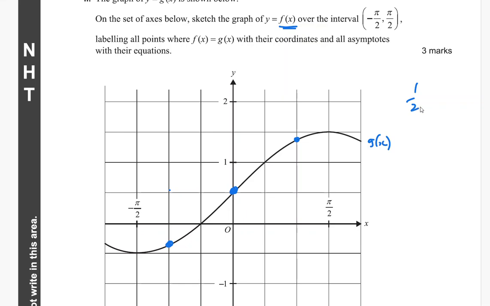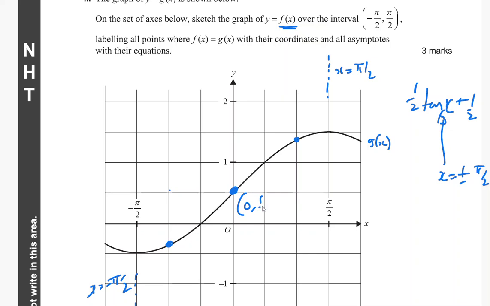It's a half tan of x plus a half. So I'll have asymptotes at x equals plus minus pi on 2. I have an asymptote here, x equals pi on 2, and an asymptote down here, x equals minus pi on 2. This point here will be 0 and 1/2.